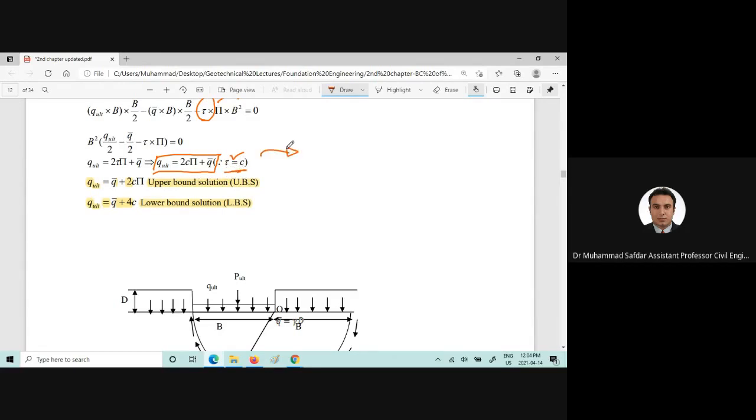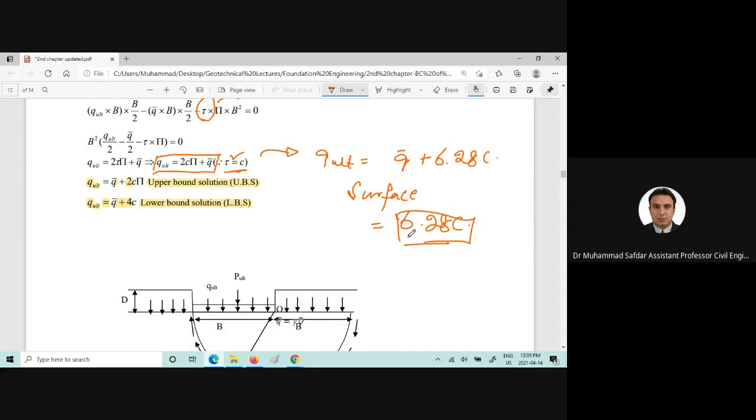And this same term, Q ultimate, will be equal to 6.28 C, and for surface footing, if we place that foundation for the upper bound onto the surface, it's just an estimation, an approximation, that 6.28 C will give us the upper bound if the foundation is placed on the surface.